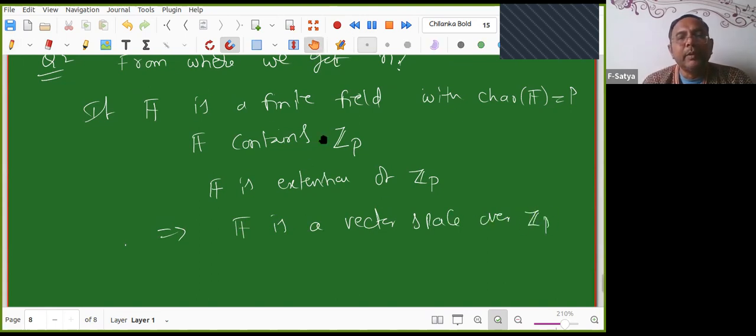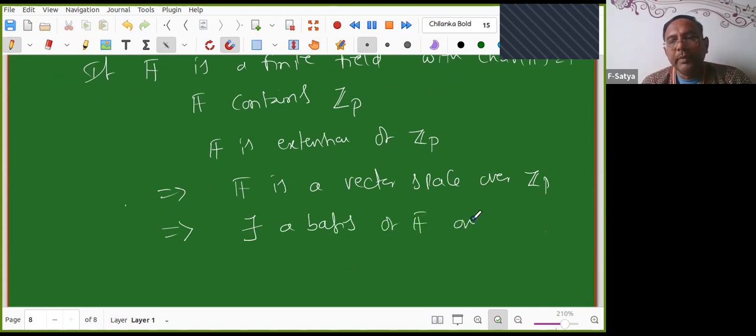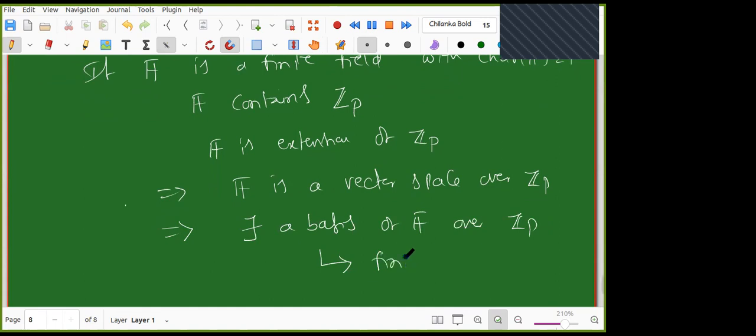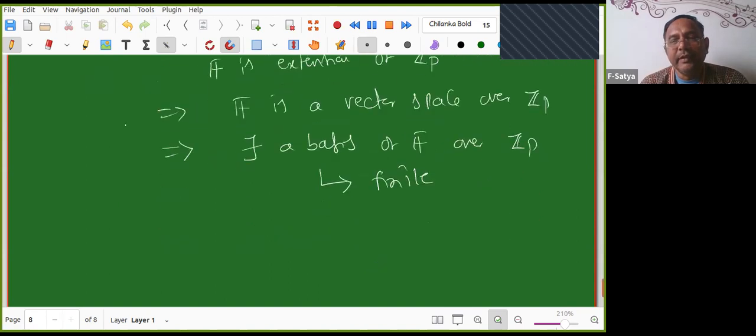If it is a vector space over ZP, this implies there exists a basis of F over ZP. Is it finite? Yes, it is finite. Why is it finite? Because the field F itself is finite. If F itself is finite, how can the basis be infinite? So we have a finite basis.